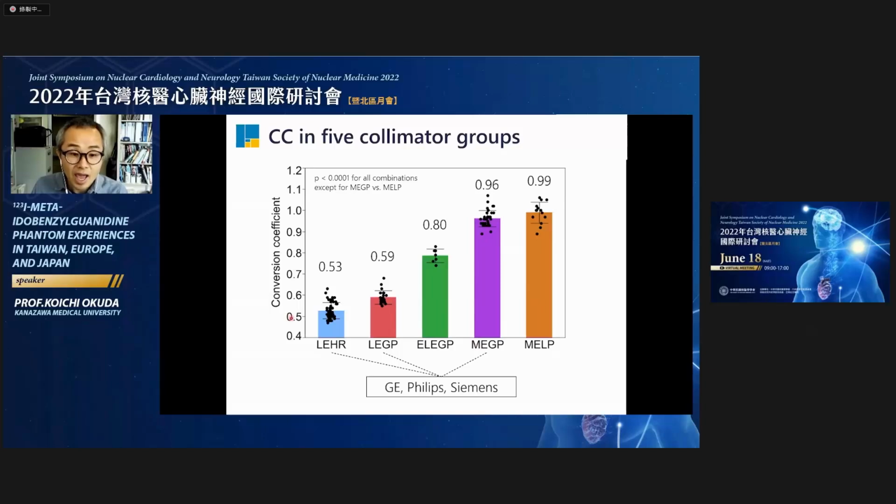Since LEHR, LEGP, and MEGP collimators were manufactured by 3 vendors, we assessed vendor difference.